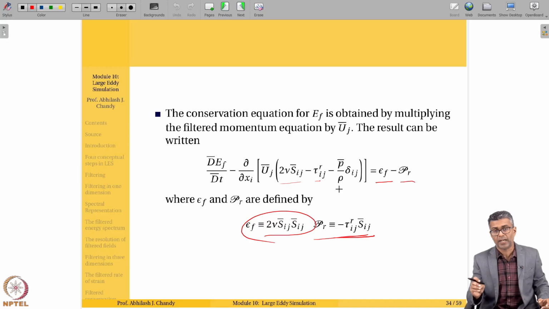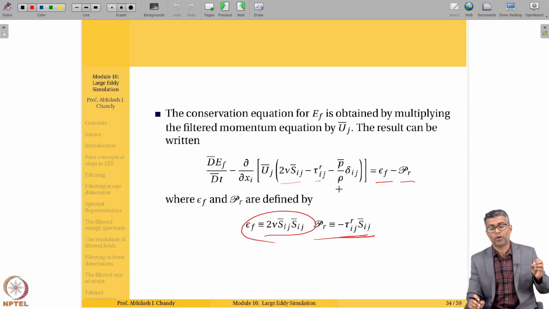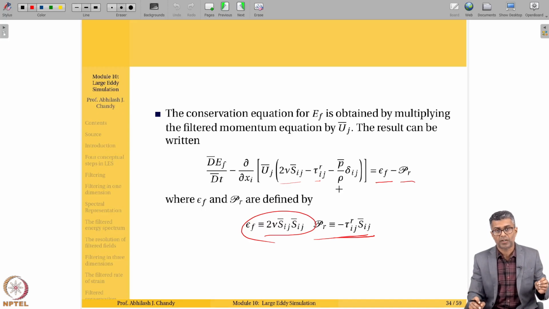The right hand side we are reserving for either a source or a sink term, and we are calling it epsilon F and PR. Epsilon F turns out to be 2 nu Sij bar, and PR would be minus tau ij superscript r Sij bar. So these are the source and sink terms.